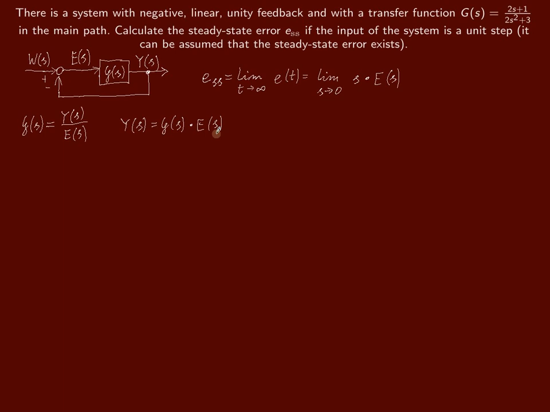The second equation is the summation point equation, which implies that if I substitute the expression from the previous equation for y of s, I get... I move everything with e of s to the left side.